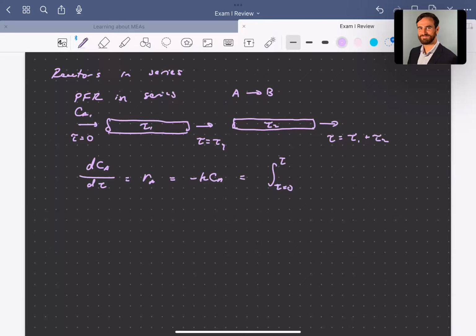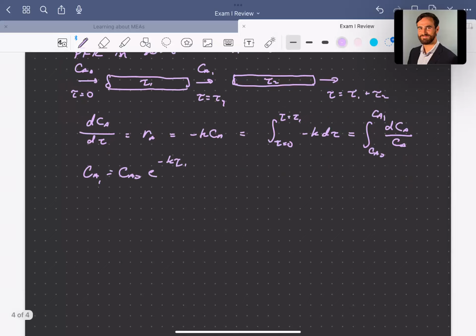We have from tau equals 0 to tau equals tau1, minus k d tau on one side, and our integral for the concentration is going to be dCA over Ca, and we'll integrate this from Ca0 entering the first reactor to a concentration Ca1 leaving that first reactor and going into the second one. So we get an expression that looks like this. Ca1 is equal to Ca0 times e to the minus k times tau1.